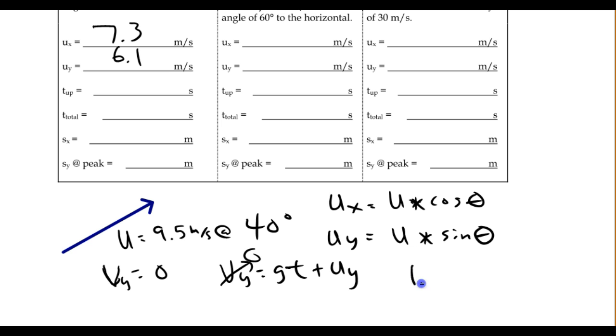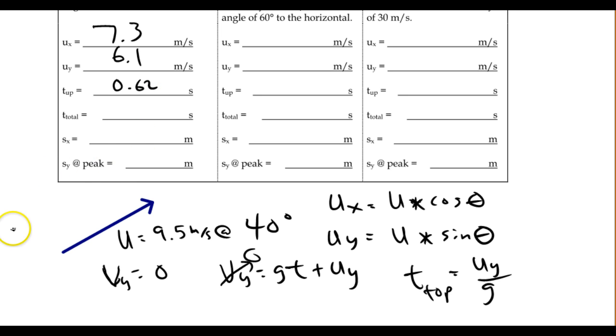So the time it takes to get to the top of any projectile's flight is going to be equal to the velocity it starts upward vertically divided by the value of g. So in this case, 6.1 divided by 9.8, that's 0.62 seconds.